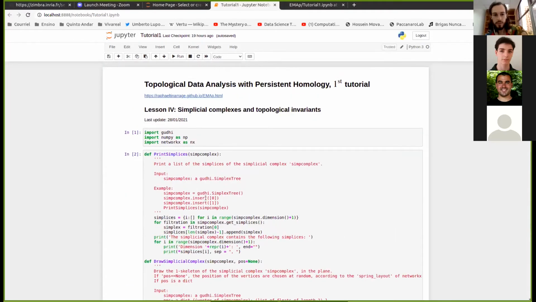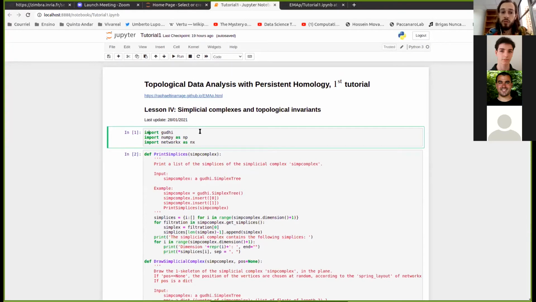So first, let me explain what we have. All the TDA we will do will use the Gudhi library. You have a lot of different libraries to compute persistent homology and to do topological data analysis.